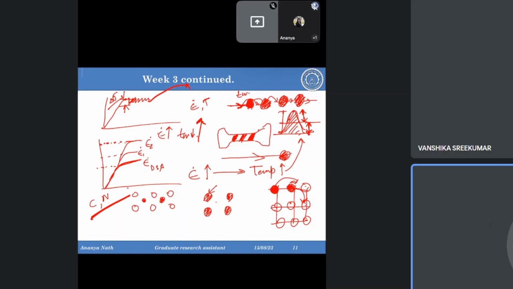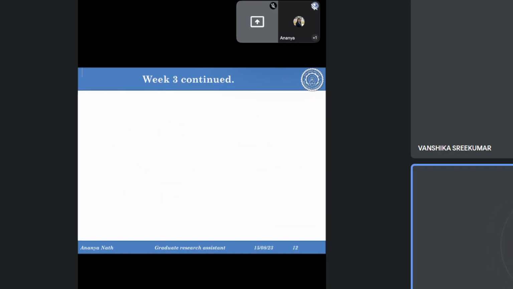Then the peening theory. The peening theory is telling us a similar thing. If this is a stress-strain curve, and we are increasing the strain rate in this direction, the stress is increased when we are loading.